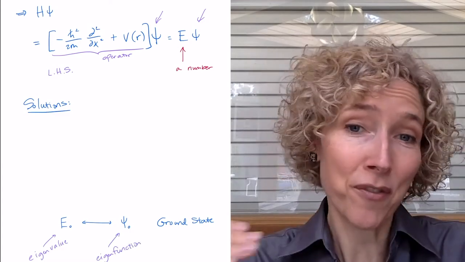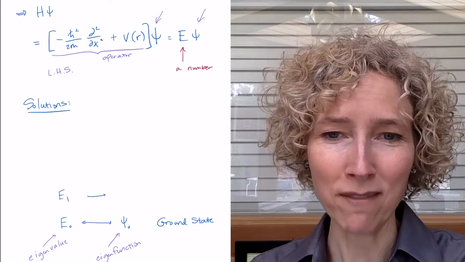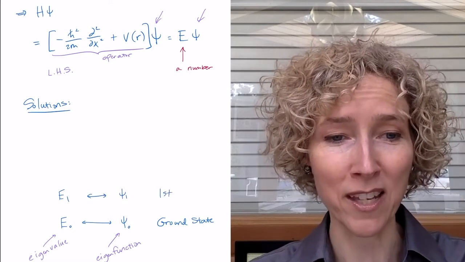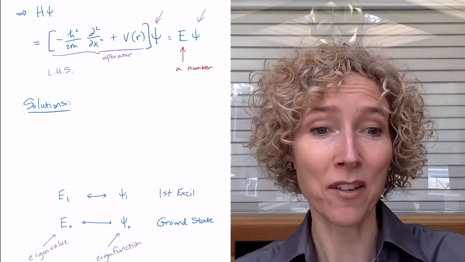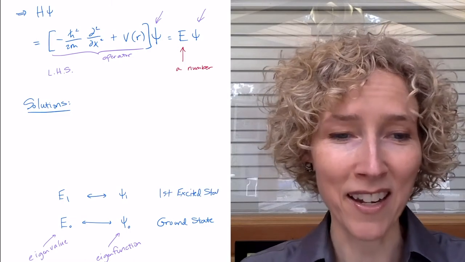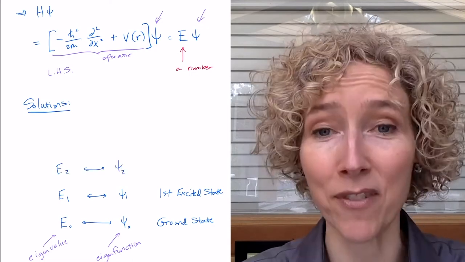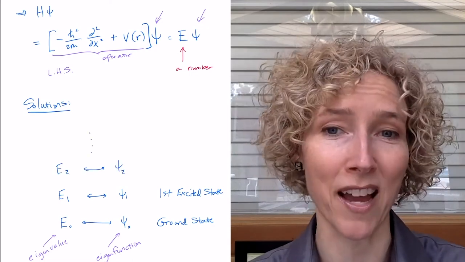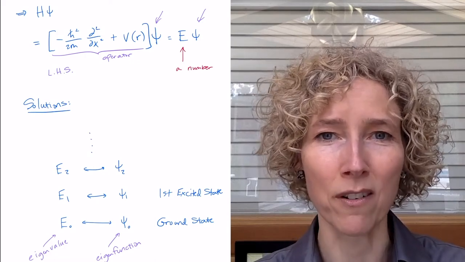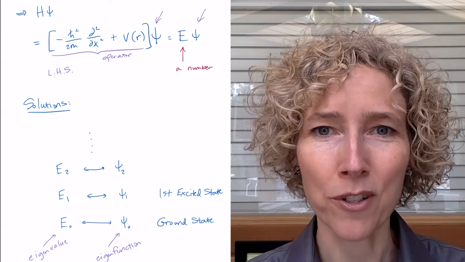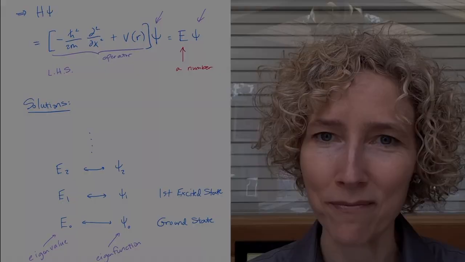And then there's a first excited state, which we label E1, and it corresponds to psi1, and we would say that in that case, the eigenvalue is E1, and the eigenfunction is psi1, and then so on and so forth. And there's an infinite set of those. That's what happens with the hydrogen atom, or for example, with a particle in a box. And that's your crash course to the Schrödinger equation.